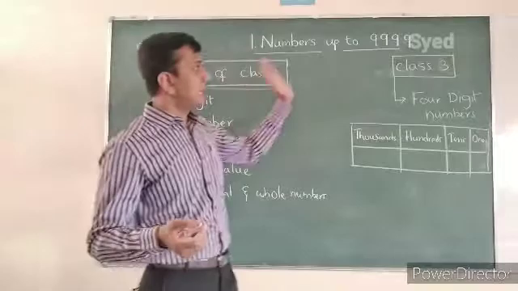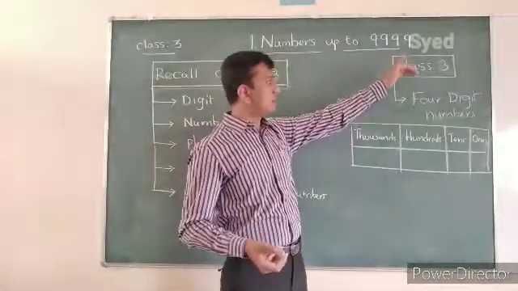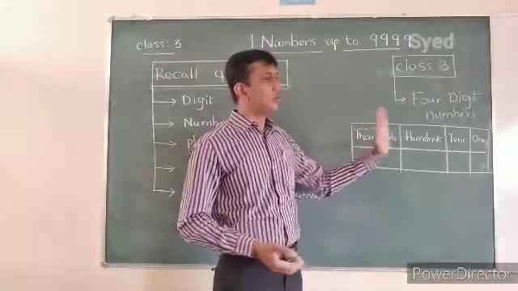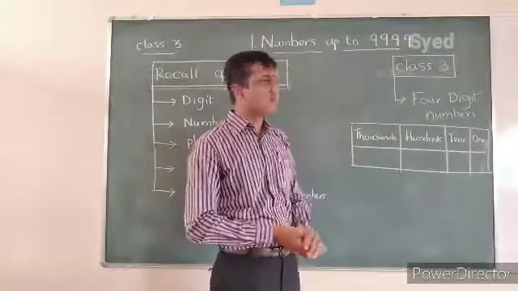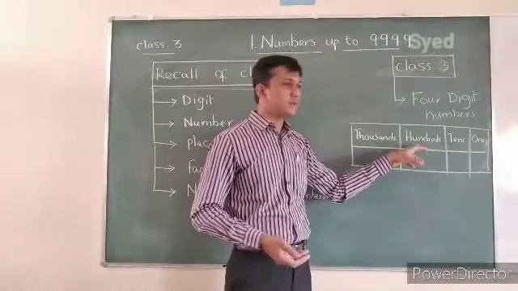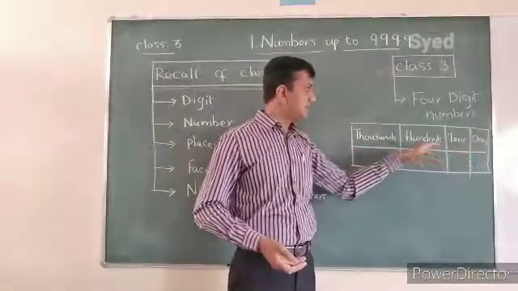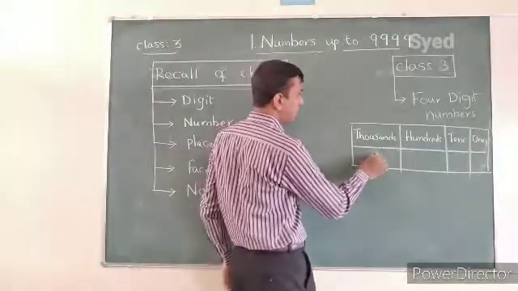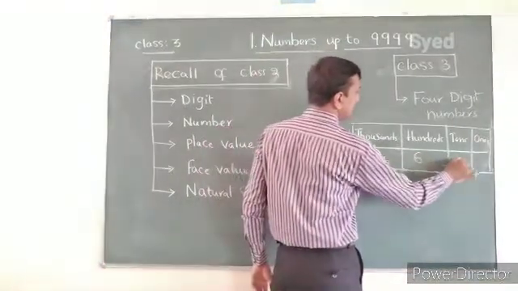Whereas if we include 0 to the natural numbers, they are called whole numbers. So in class 3 part, we have learned about 4-digit numbers. We got to know about a new place value apart from these 3 place values: ones, tens, hundreds, thousands. So we have taken an example of 2671.